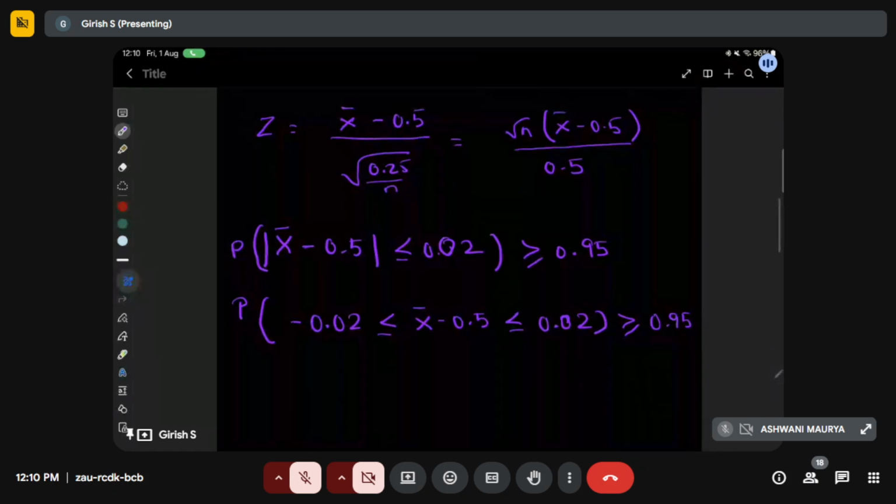In order to convert this into this form, like x bar minus 0.5, I have to divide by 0.5 by root n. So that's what I'm going to do now. So that becomes 0.5 divided by root n. Same way I have to do it here, and the same thing here.